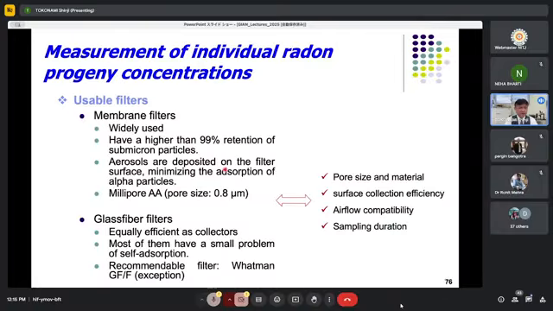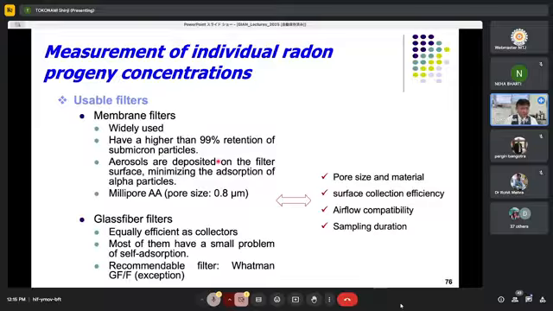Measurement of individual radon concentrations: usable filters. I can introduce membrane filters and glass fiber filters. Membrane filters are widely used. They have higher than 99% retention of submicron particles.